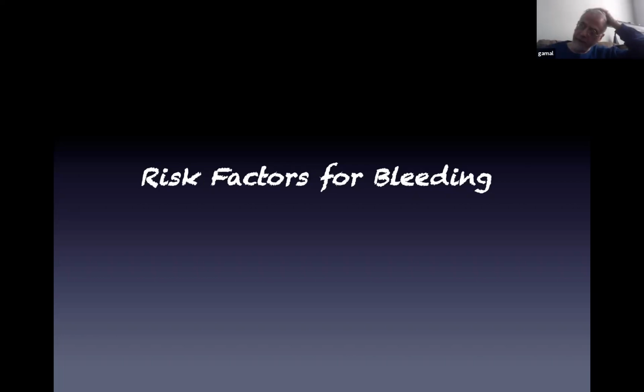Any other risk factors for bleeding after colonoscopy? Other than cardiac patients. Why would those bleed more? I don't think they do, right? So what other risk factors other than taking anticoagulation? There aren't really that many. Maybe just, you said local things. What local things do you think?